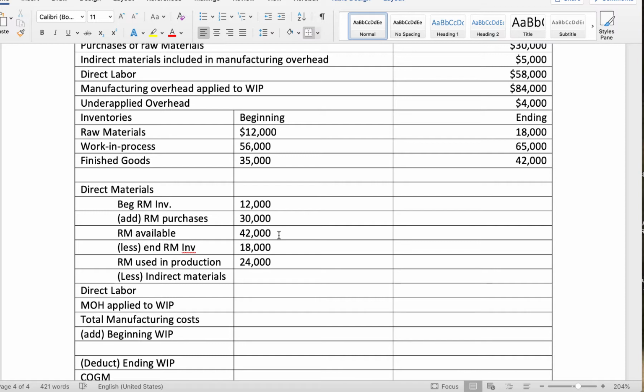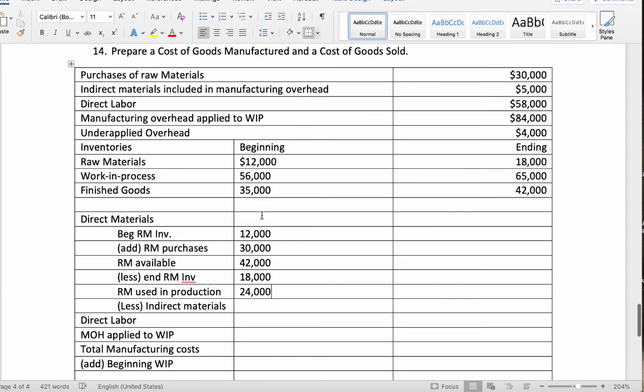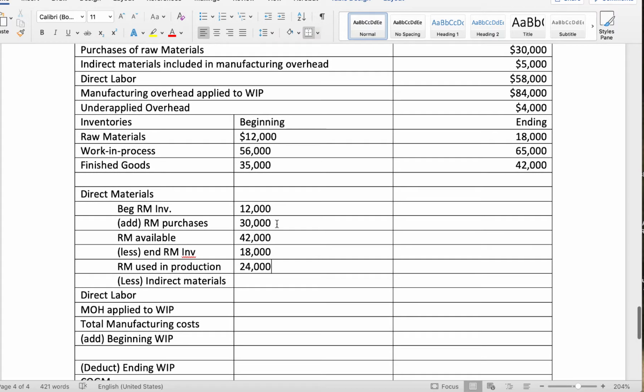So to figure out how much direct material was taken out, they better tell us how much indirect materials was incurred in the job. The second line says indirect materials included in manufacturing overhead was $5,000.